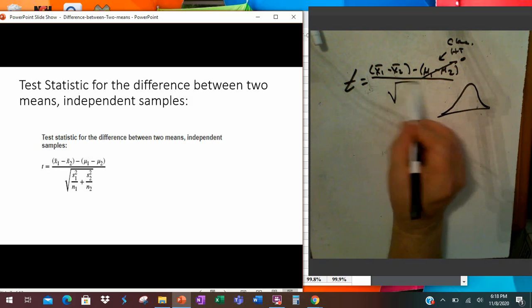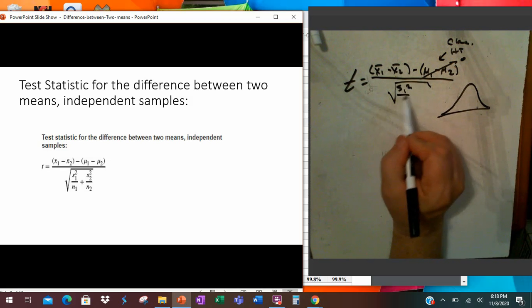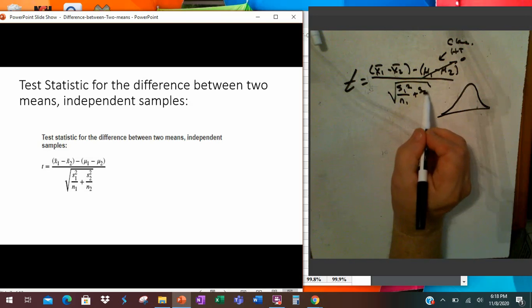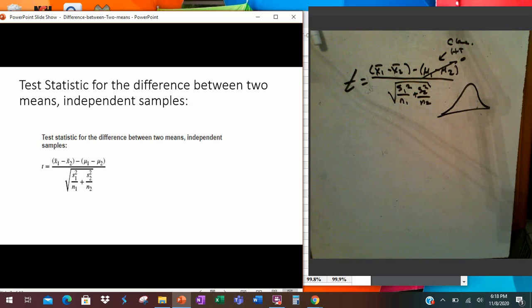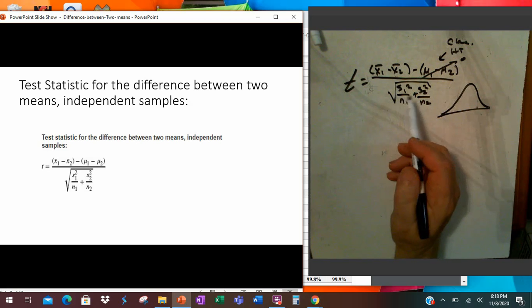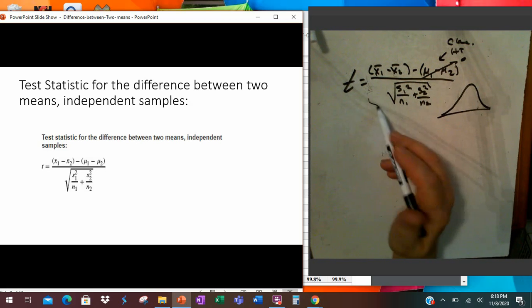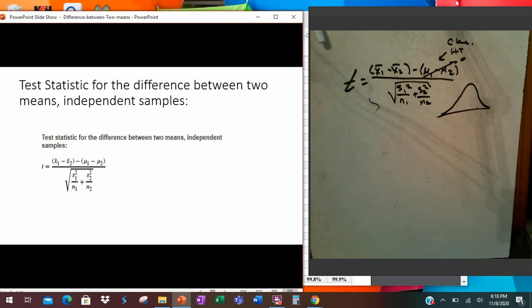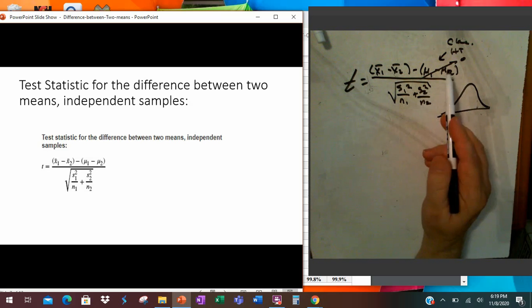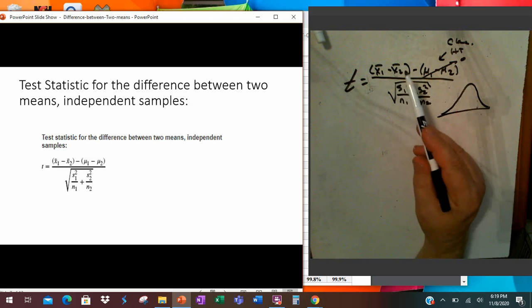Then we have the very same thing, s1 squared over n1 plus s2 squared over n2. And again, we're going to test against some claim, hypotheses H0, H1, and how we do that is to go sample. These are going to be two different samples.